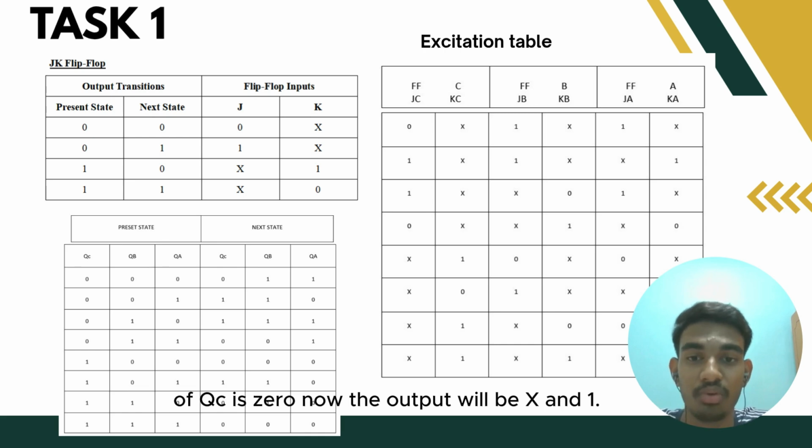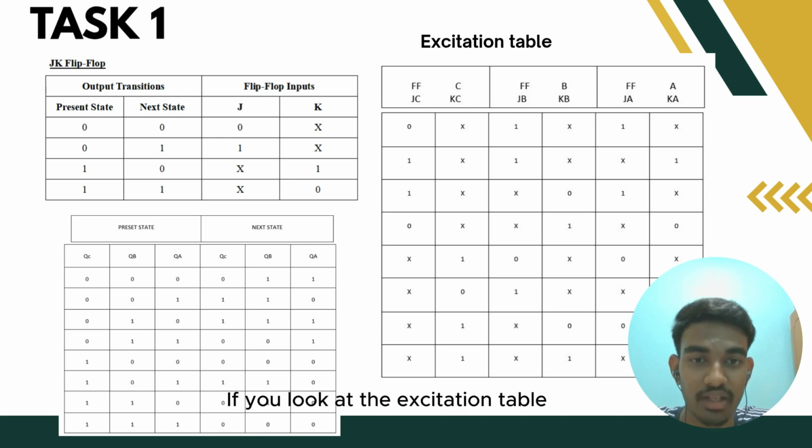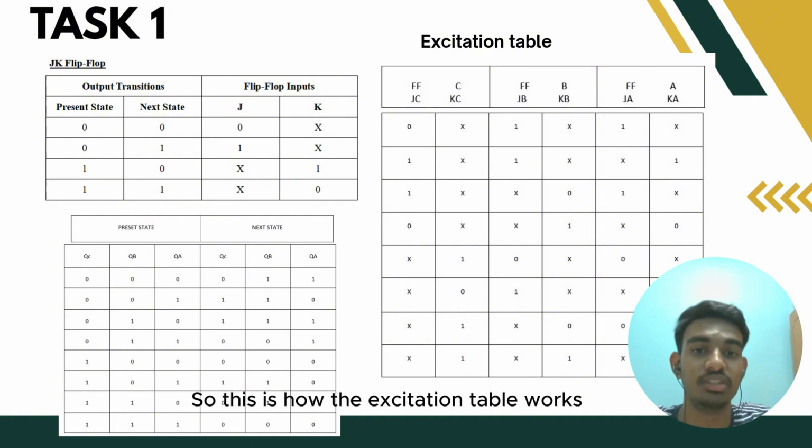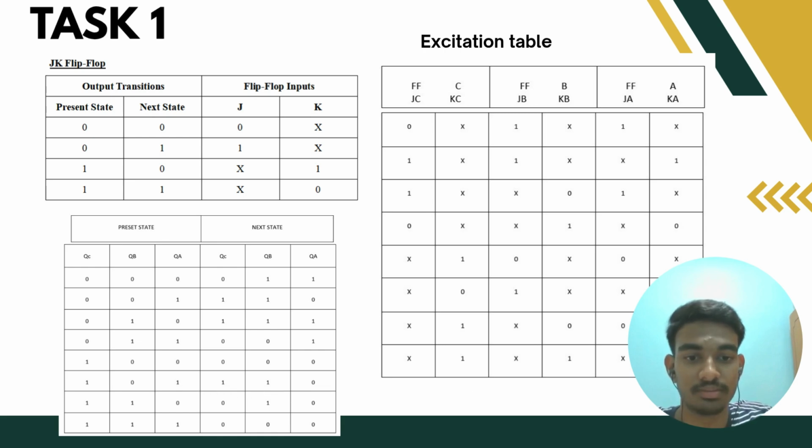Now the output will be X and 1. If you look at the excitation table, the 5th row and the first 2 columns show X and 1. So this is how the excitation table works.